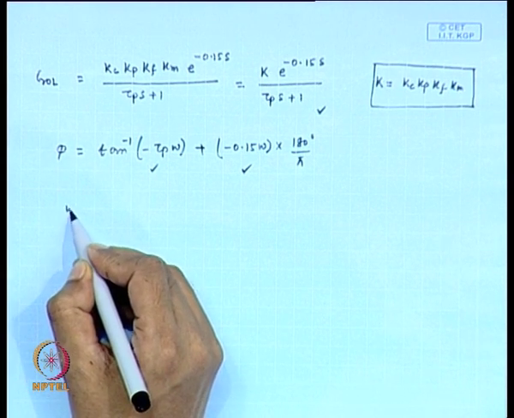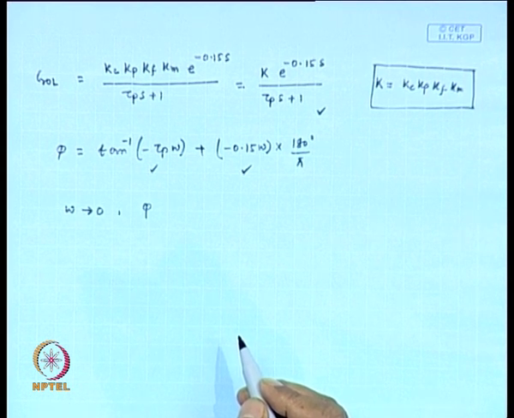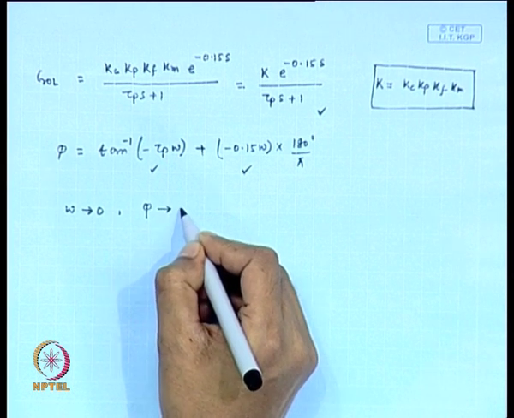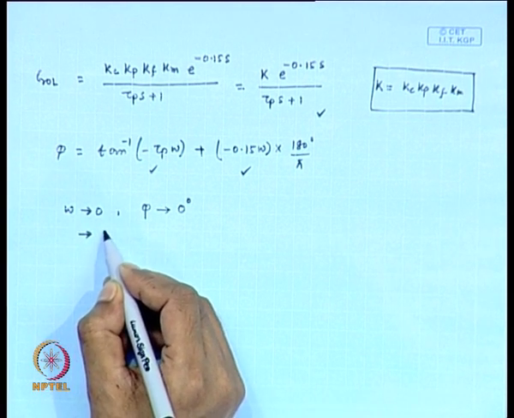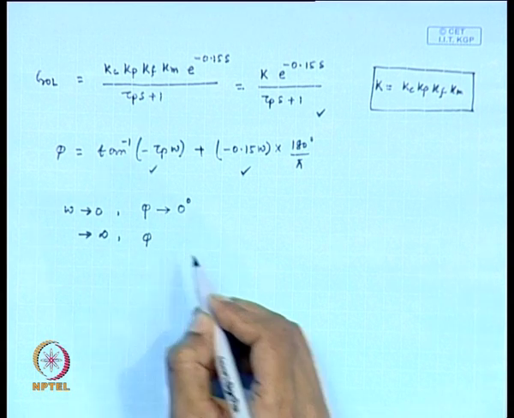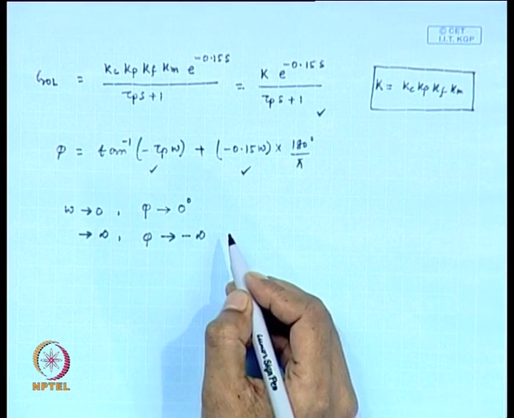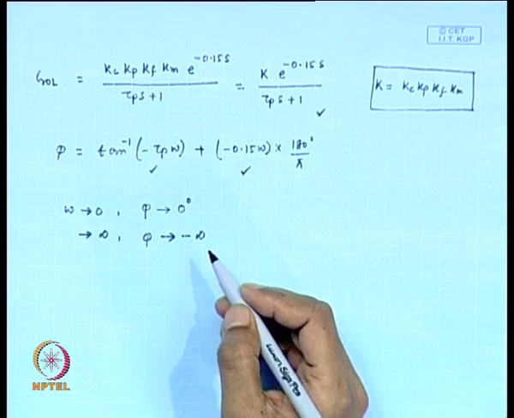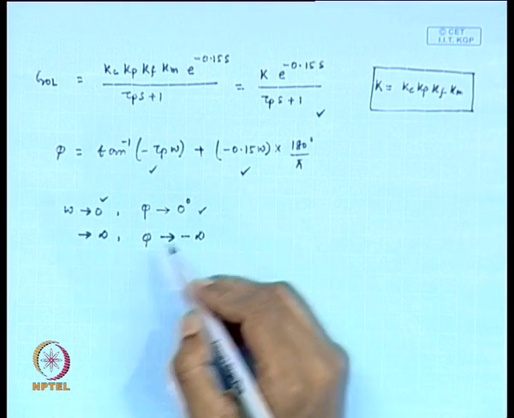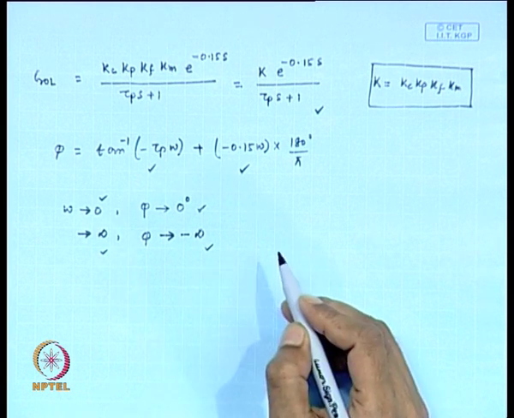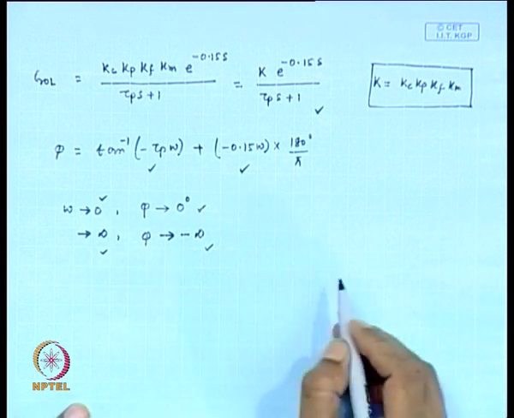When omega tends to 0, what about phi? If omega tends to 0, then phi tends to 0 degree. When omega tends to infinity, phi will be minus infinity. Agree? So, what about crossover frequency? Crossover frequency exists.